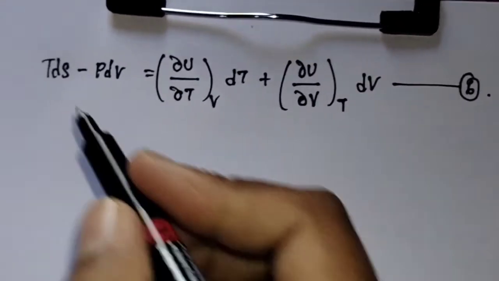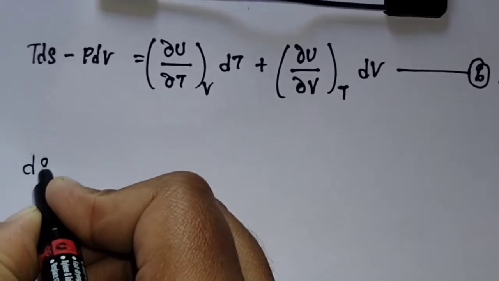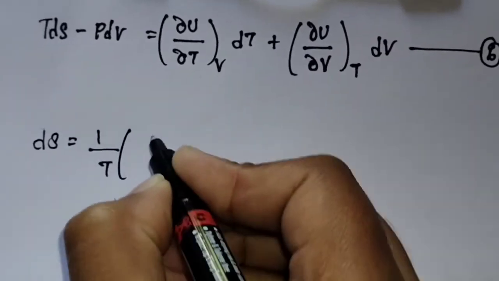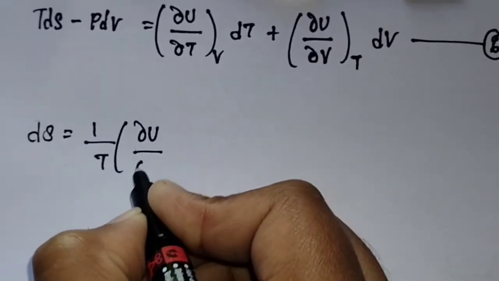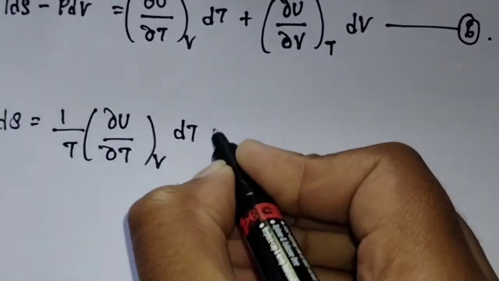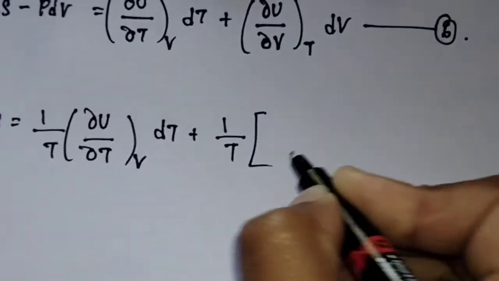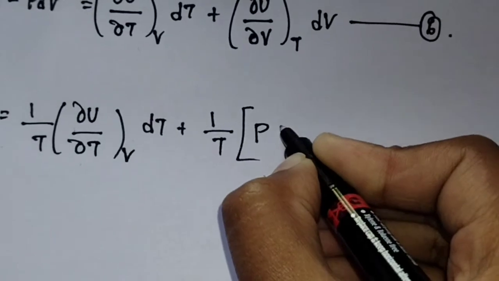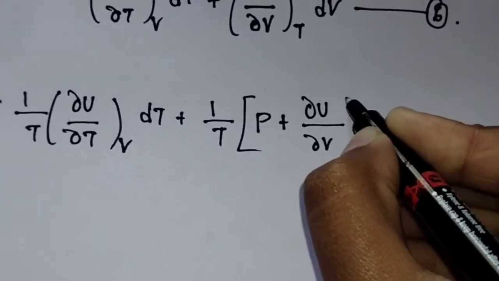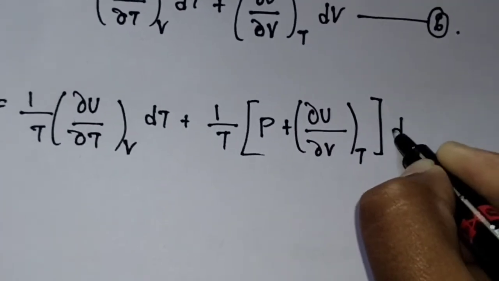While rearranging equation number 6, we get dS is equal to 1 by T dou U on dou T at constant volume into dT plus 1 by T into P plus dou U by dou V at constant temperature into dV.